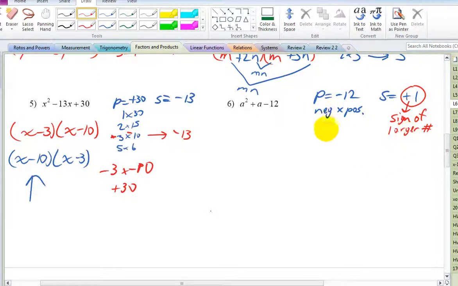So let's go backwards. 1 by 12, 2 by 6, 3 by 4. So if the larger number is positive, what will we make the smaller number? Negatives. Okay. So now you can check and see which combination works. Well, there's only one of them which are one digit apart. Okay. The -3 and the 4. Okay.